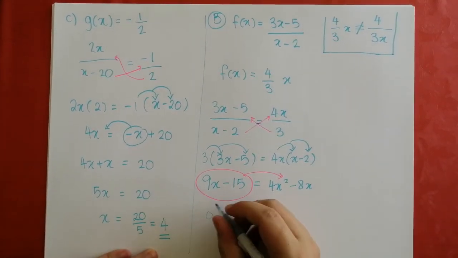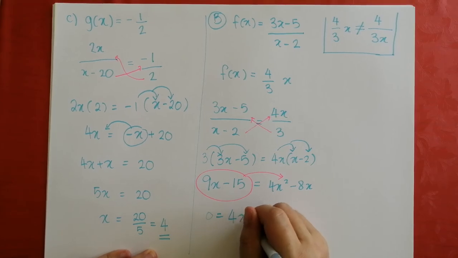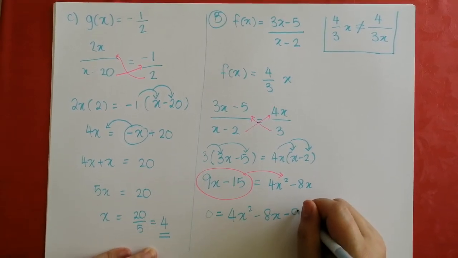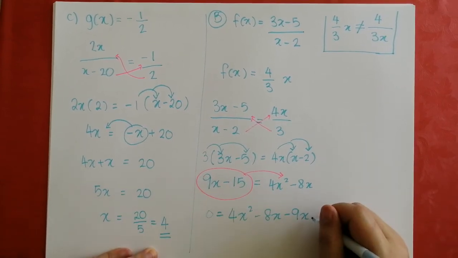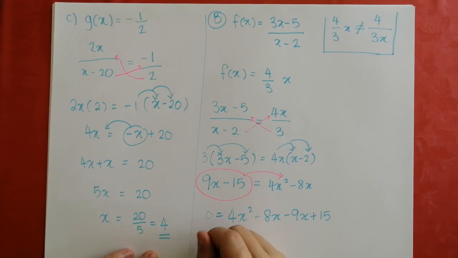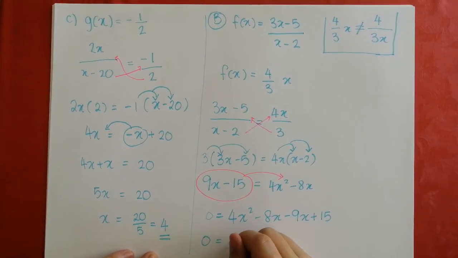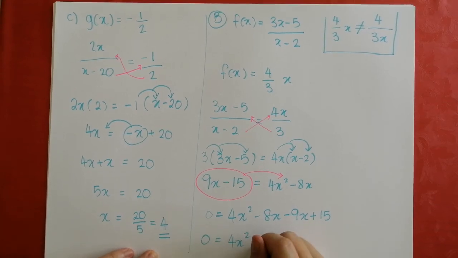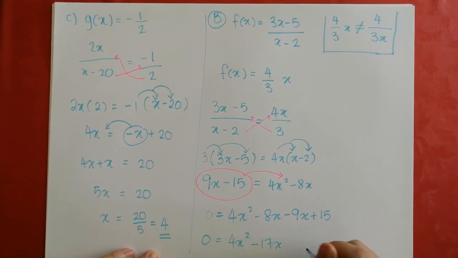So you have 0 equals 4x squared minus 8x. Positive 9x brought to the other side becomes minus 9x. Minus 15 becomes plus 15. Simplify this equation: you have 4x squared minus 8 minus 9 gives you negative 17x plus 15.